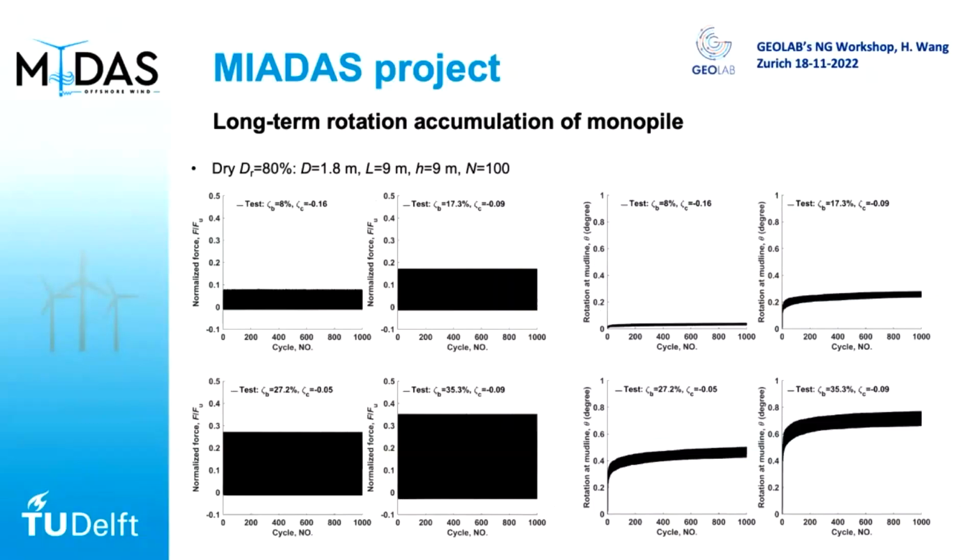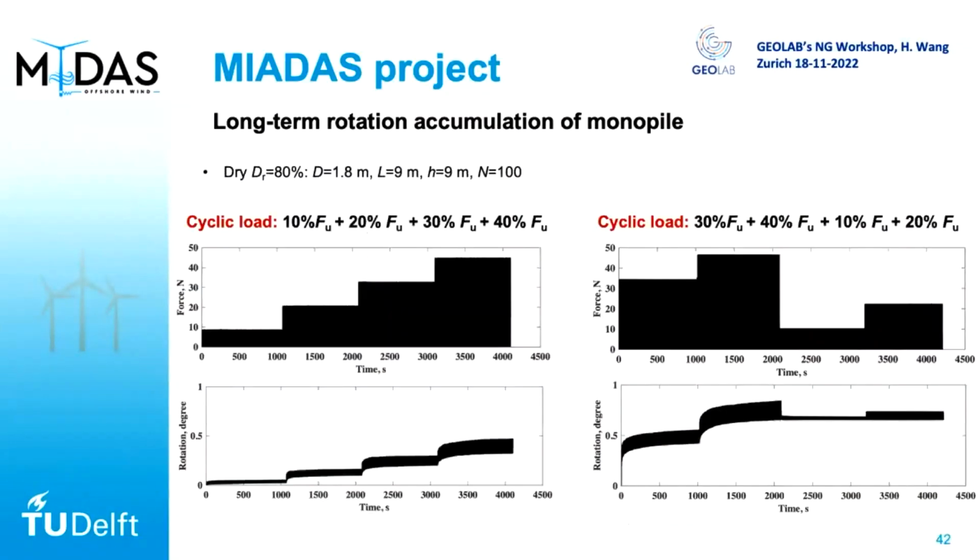We also studied all different kinds of cyclic loads, as you can see on the left, with different amplitudes, and you have the accumulation of rotation. We also changed the sequence of the load, and then you can observe a completely different final accumulation. We are developing a model to capture this long-term accumulation behavior of the monopile.